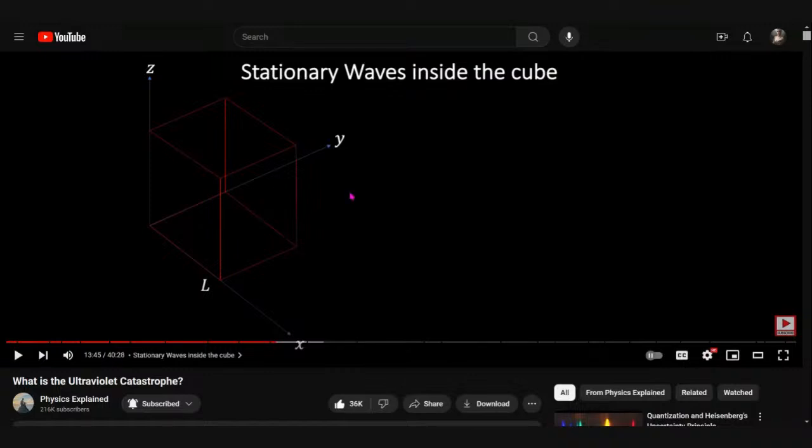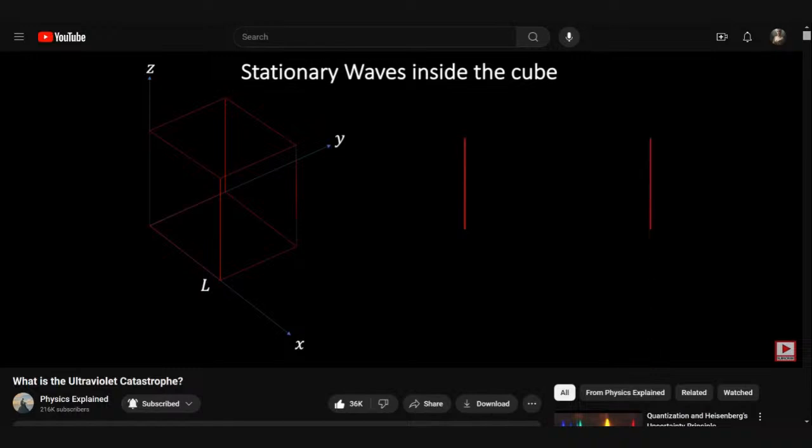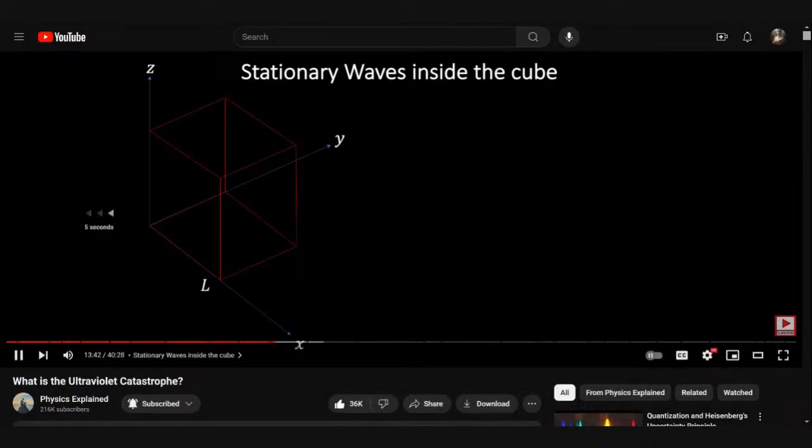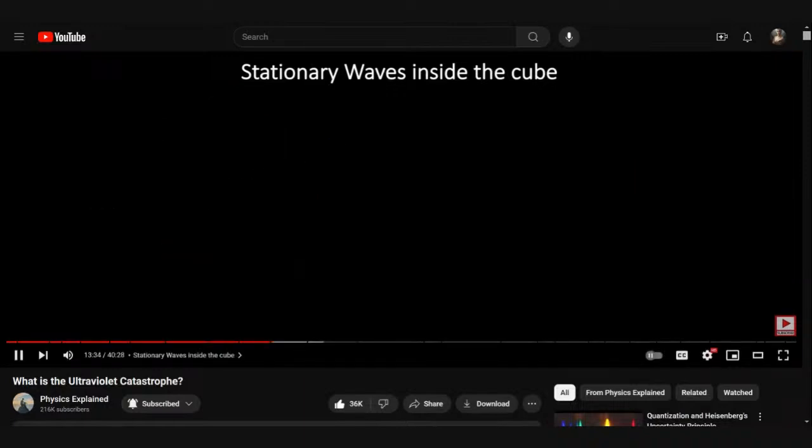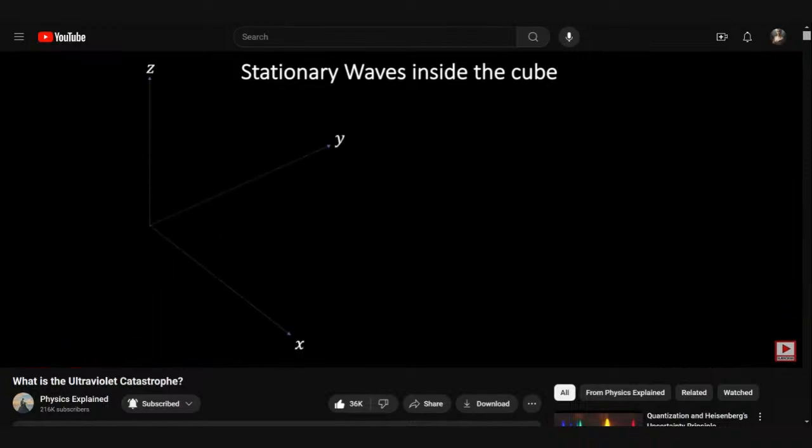Okay. Let's continue just a little bit more. Let us assume that the Jeans cube is aligned along an X, Y and Z axis, and that the length of each side of the cube is L. Then the electromagnetic radiation reflecting back and forth can be analysed into three components.